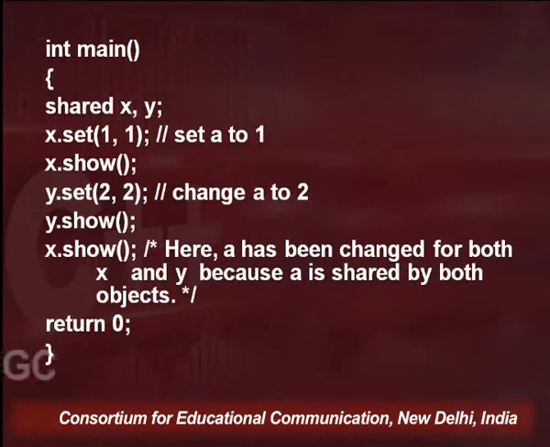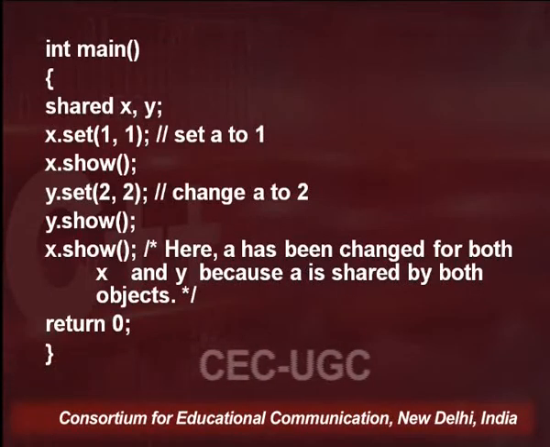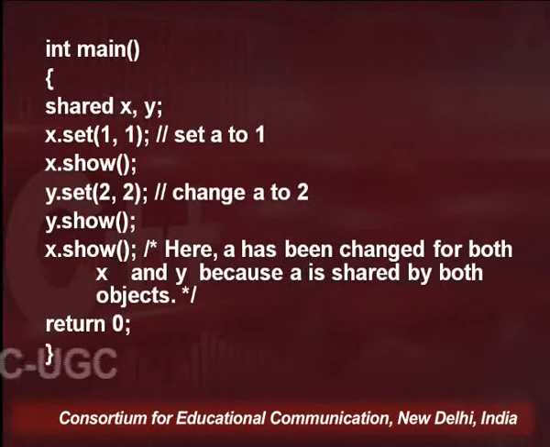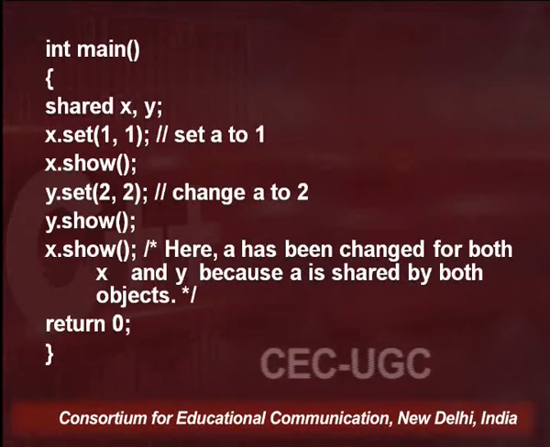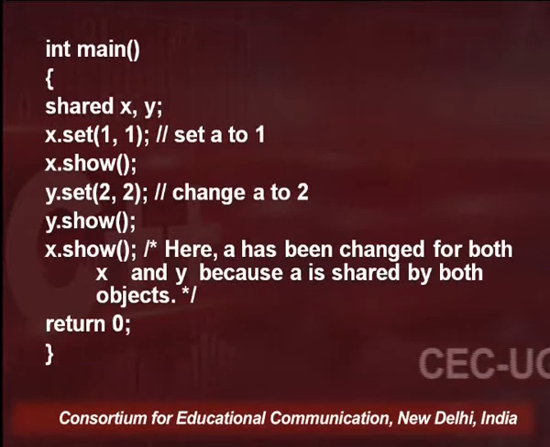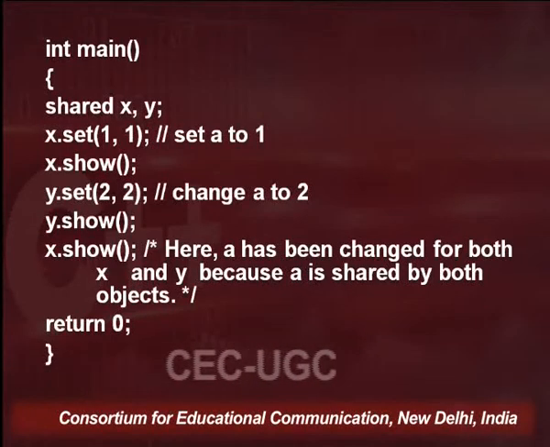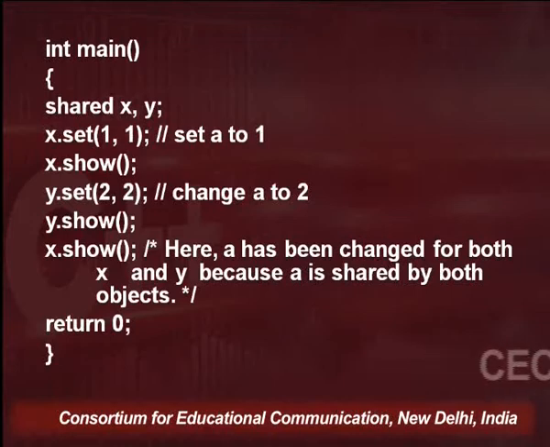So here a is going to be changed to 2, and then we will be displaying the value of a and b by using x dot show. Obviously it is going to display value 2 and 2 for a and b both. And after this, here is something which we need to see very very carefully, that after this we are actually calling x dot show again.